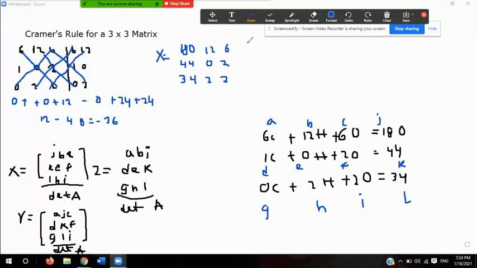The other columns would be 180 and 12, 44 and 0, and 34 and 2. All that over the determinant, which is negative 36.